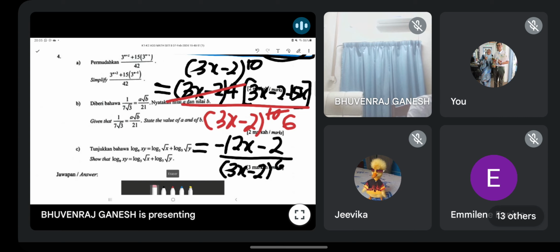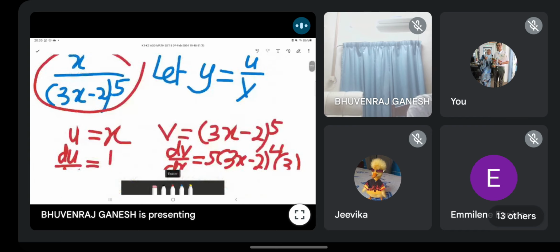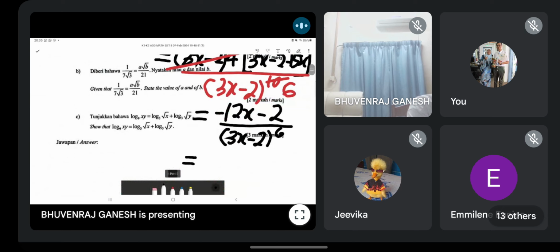Now kamu lihat balik, go back to your question. They want it in this format, so you can still factorize. Masih boleh faktorkan. Based on the question, they factorize out negative 2. Am I right? Then you will have positive 6x plus 1. This is the format of the question.